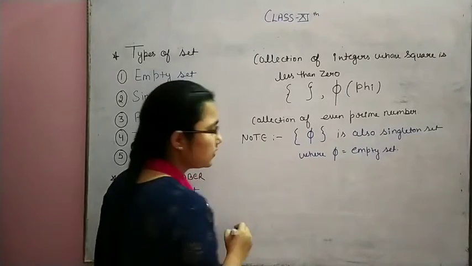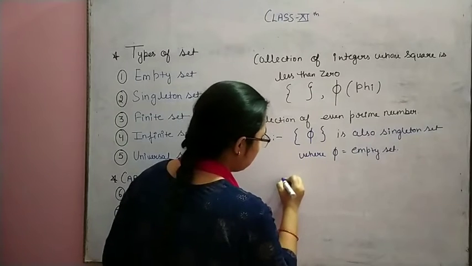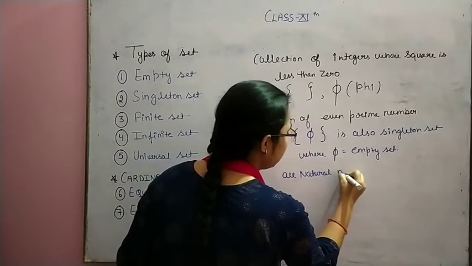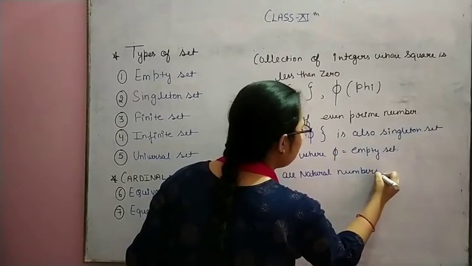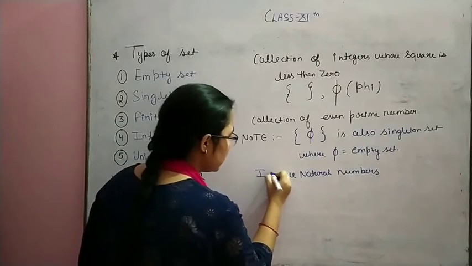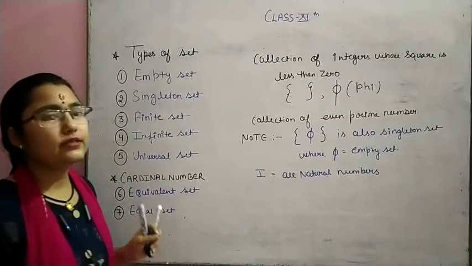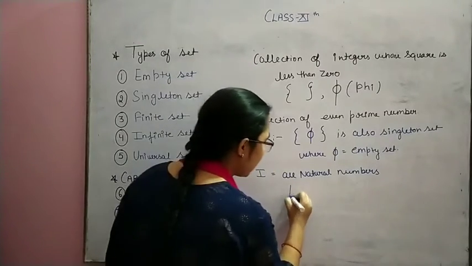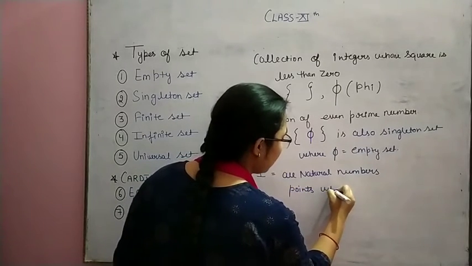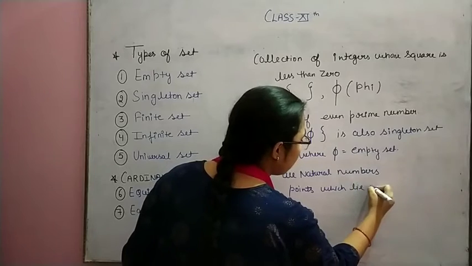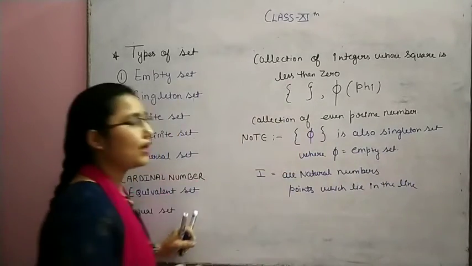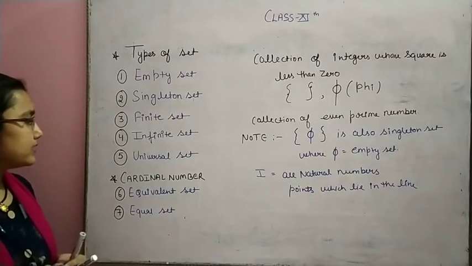For example, the collection of all natural numbers is an example of an infinite set, or the points which lie on a line are a collection of infinite elements.